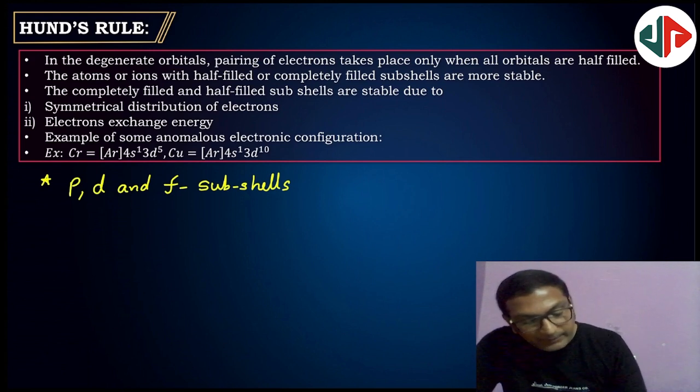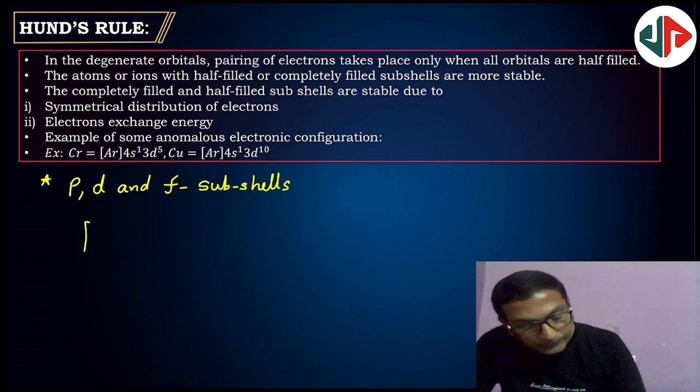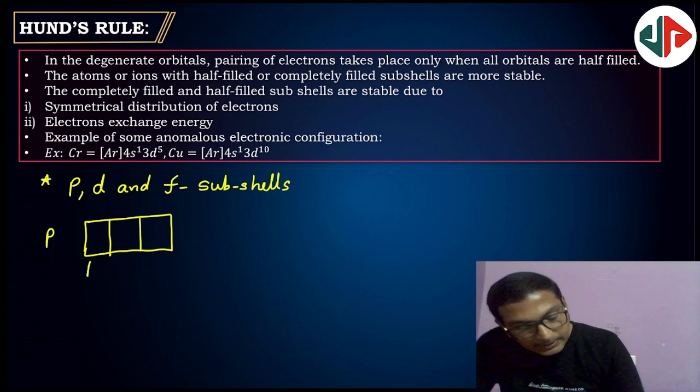P will have 3 orbitals, Px, Py, Pz, D has 5 orbitals, and similarly F has 7 orbitals. While filling the P subshell, you have 3 orbitals Px, Py, Pz.